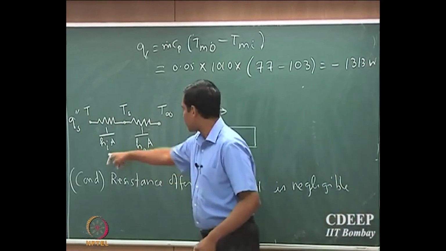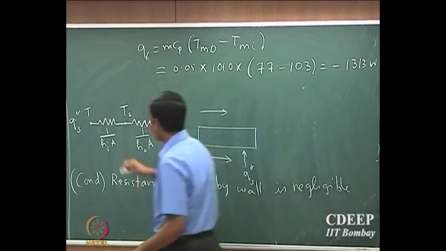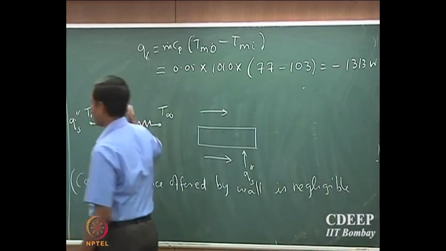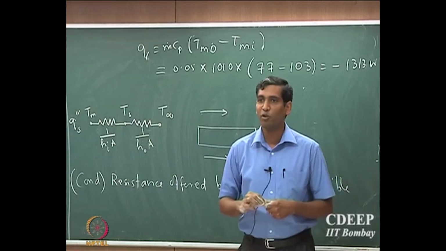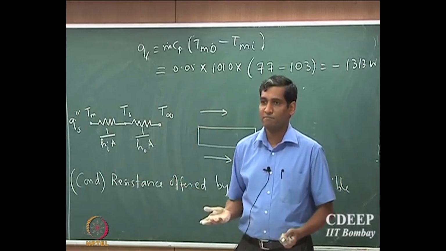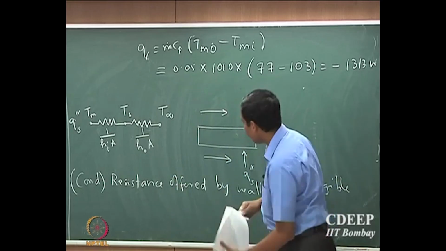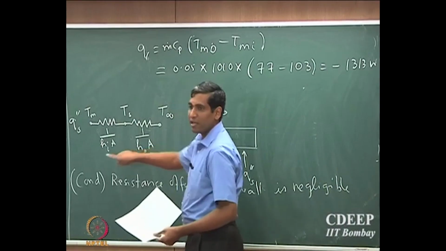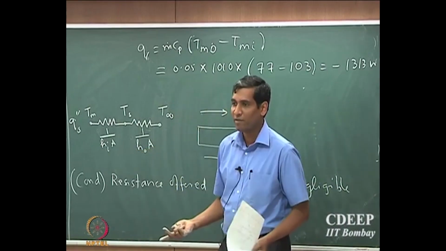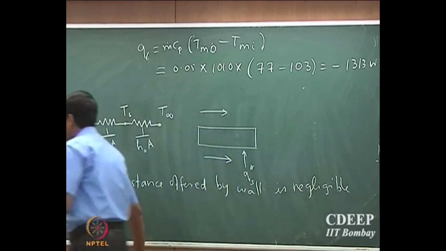If we know the heat transport coefficient, I am done, because I know the mixing cup temperature, which is the representative temperature here. The outside heat transport coefficient is given; we just have to calculate the inside heat transport coefficient. That is what we are going to do next.